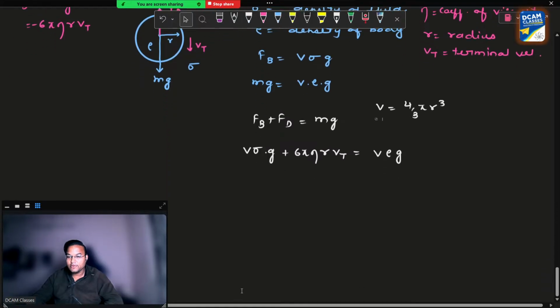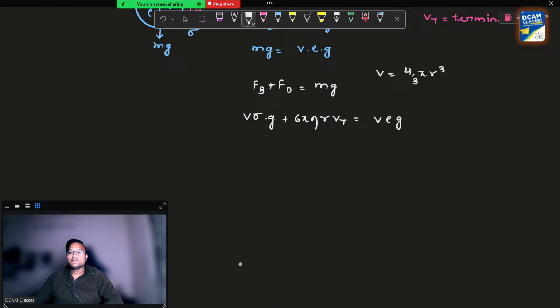Let's put the value. 6 pi eta r vt is equal to 4 by 3 pi r cube into g into rho minus sigma. Let's cancel things. Pi gets cancelled, r gets cancelled with this r square.